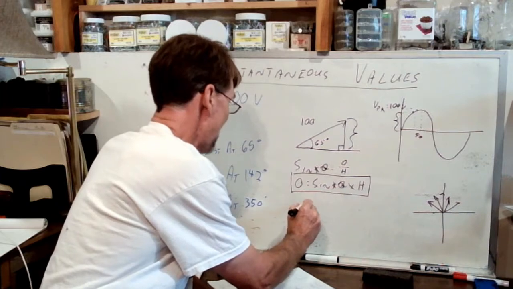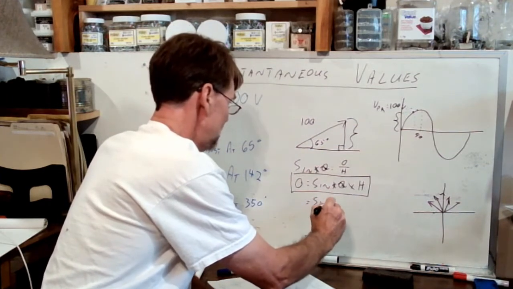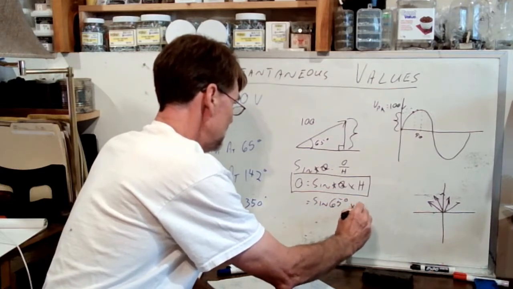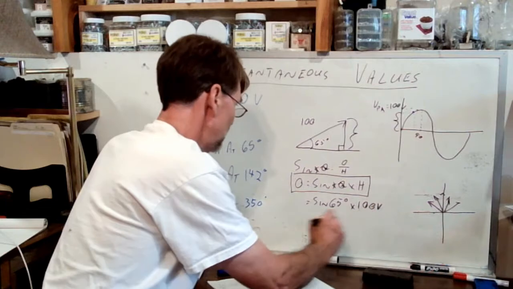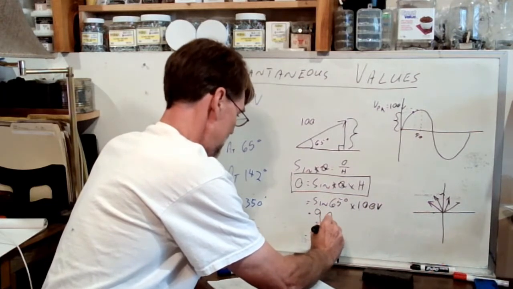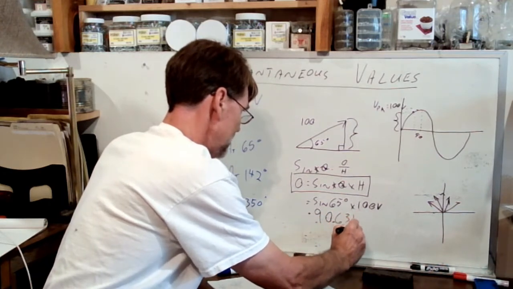The first one asks the opposite, which is the instantaneous voltage, is equal to the sine of 65 degrees times 100 volts, which equals 90.63 volts.